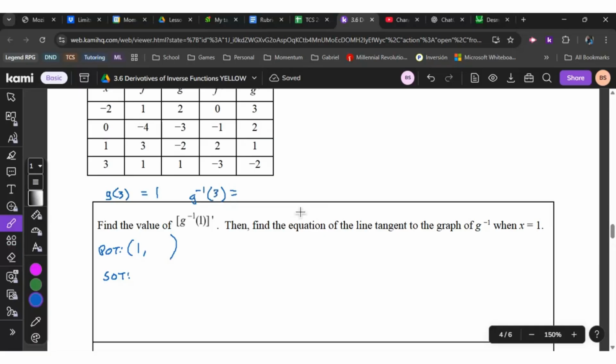Which means that the pot is 1 and 3. It's 1 and 3, because we're doing it to the graph of g inverse, so we have to switch y and x. That's why I write this; if I don't write it, I screw it up every time.